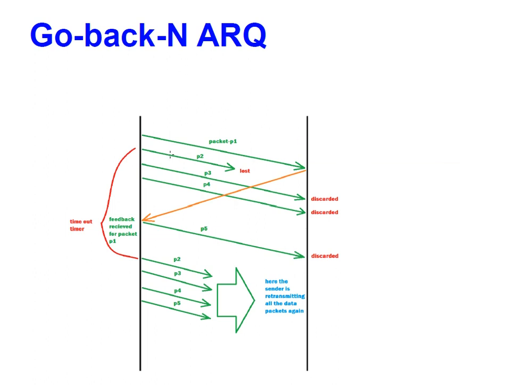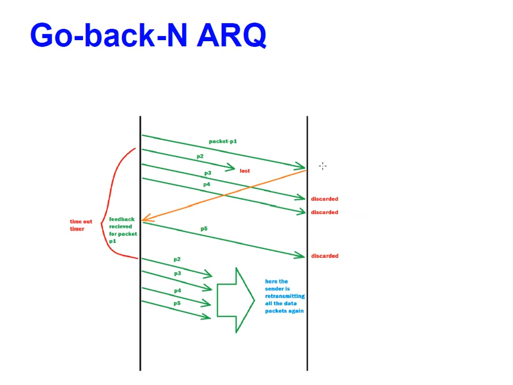Here you are sending the first packet. When this packet is sent, the window receives that packet, and after that the next packet is also sent, and it is lost. After the third packet is sent, it is discarded. The fourth packet is sent, it is discarded.